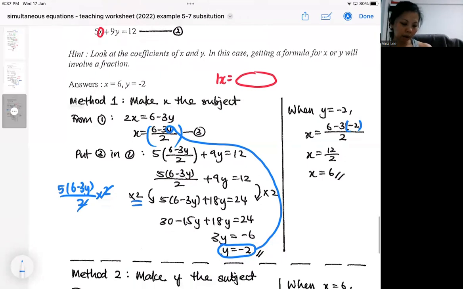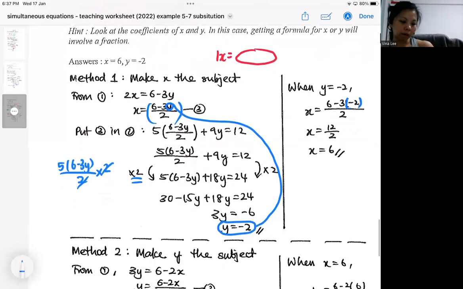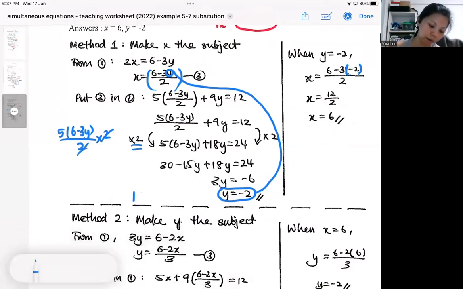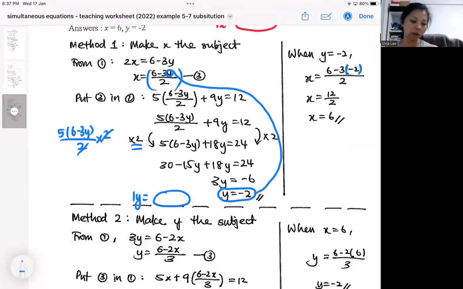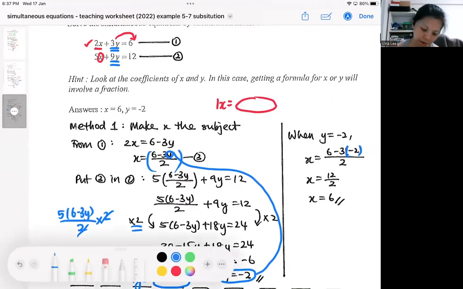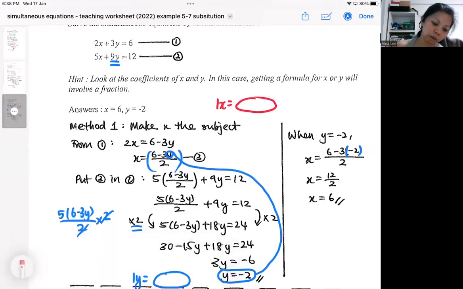So for the next one, of course, you can make y the subject, meaning you will get the formula for y. This formula can come from either here or here. It doesn't matter. Again, it doesn't matter. You choose whichever one you like.